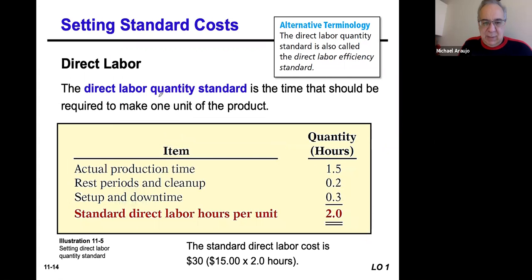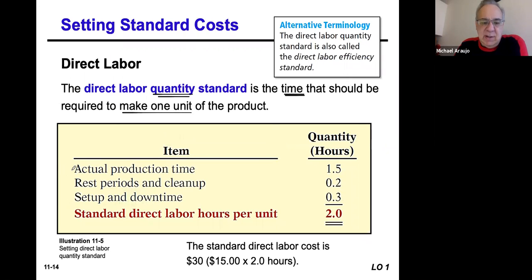Well, how much quantity is needed to make an item? How much labor do we need in terms of quantity, because standard cost looks at each unit? So what type of time is required to make one unit?